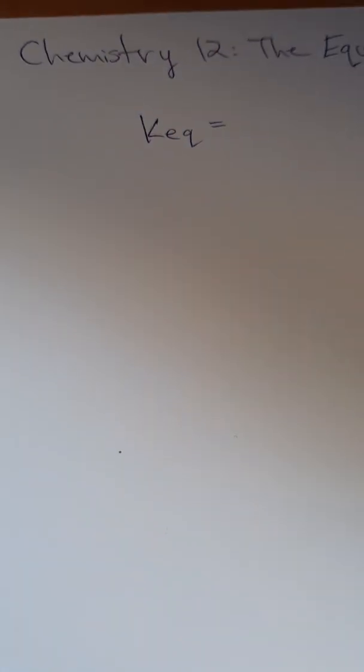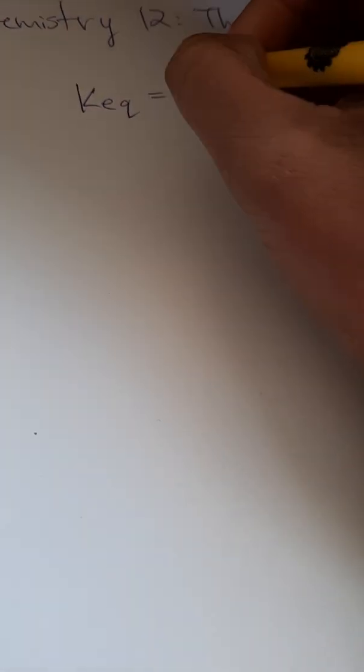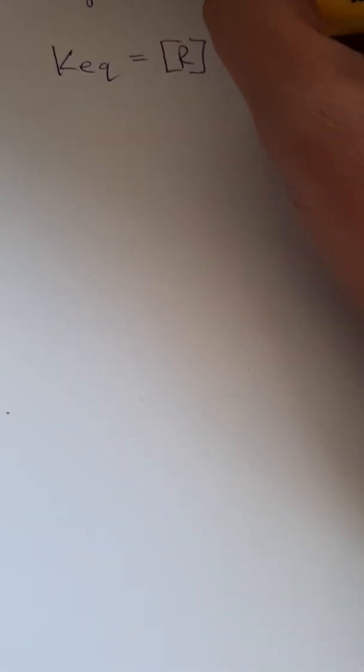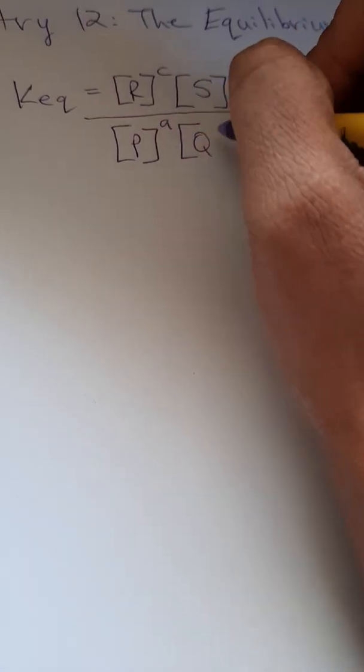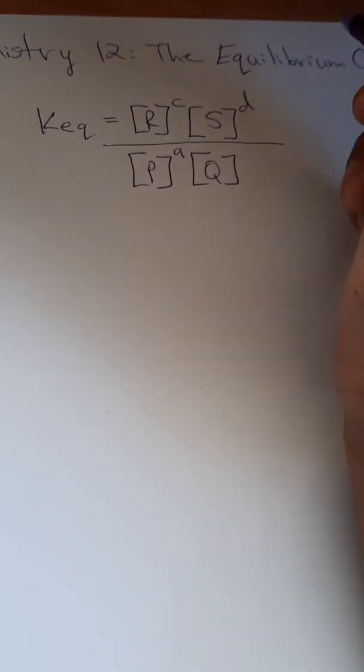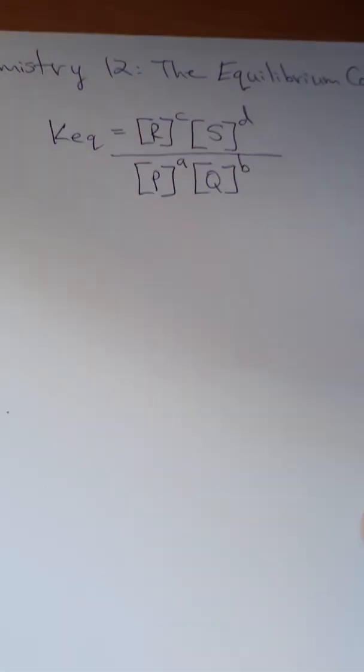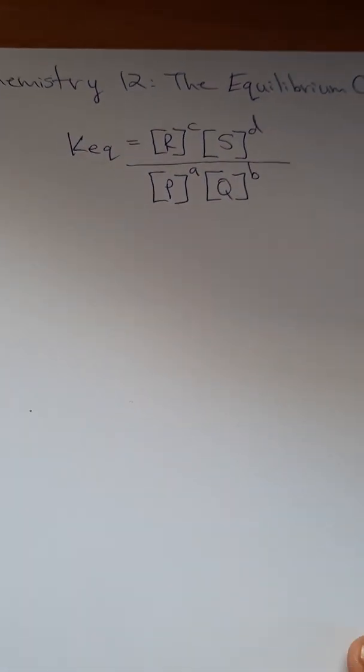So I'm going to put K equilibrium. You can also put Kc, in terms of the concentration: the concentration of R to the power of C, the concentration of S to the power of D, over the concentration of P to the power of A and the concentration of Q to the power of B. Does everyone see that?